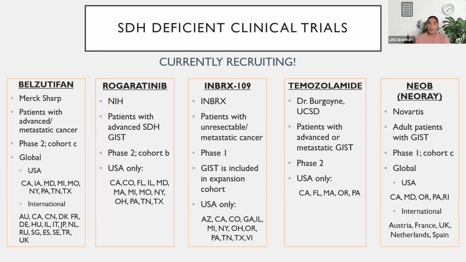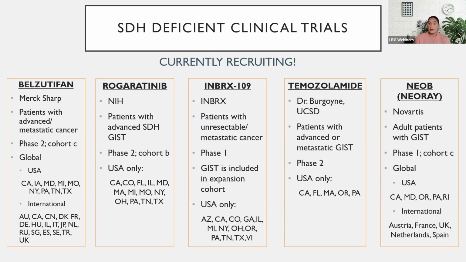GIST is evaluated in the study's cohort C, and it is for patients who have locally advanced, metastatic, or unresectable cancer. This study is international, as I had mentioned, multiple centers, with the most trial sites amongst all the studies I will talk about today.